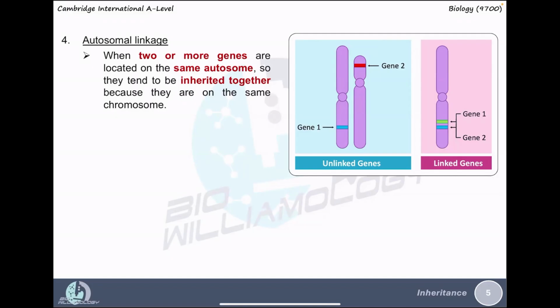We can see in the diagram here, for unlinked genes, for example, the seed color and seed structure in Mendel's pea plants, they are located on 2 different pairs of chromosomes. However, for linked genes, gene 1 and gene 2 are located on the same chromosome. So in terms of inheritance pattern, they will always be inherited together.